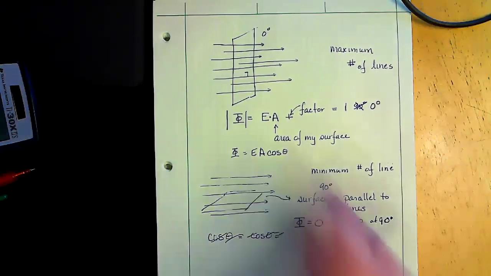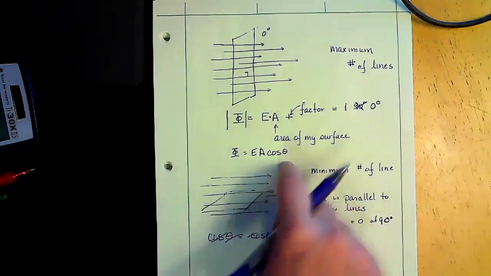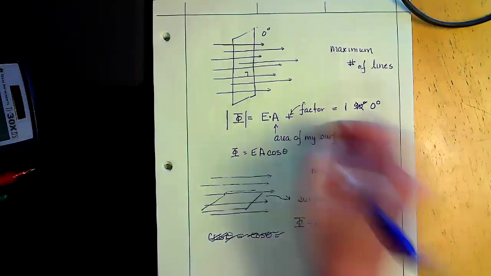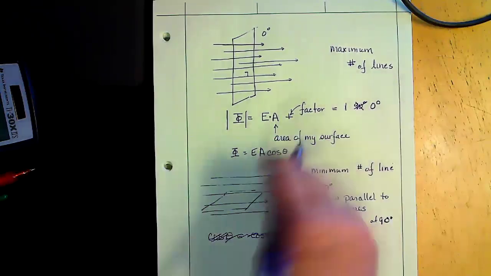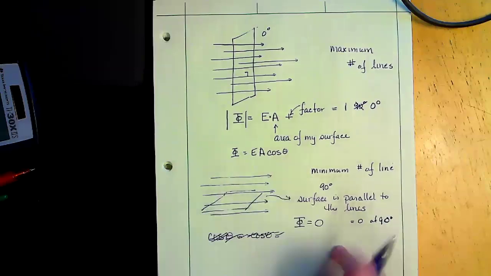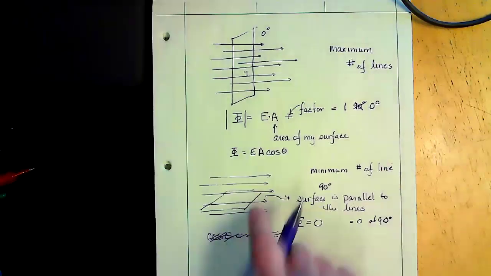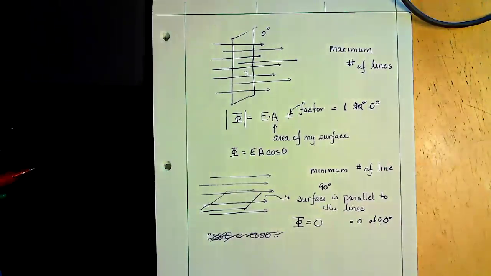So this is when they're parallel, that's when they're perpendicular, but it's how we're measuring our angle. And that's still going to give us cosine of 0 is 1, and the cosine of 90 is 0, and our numbers work out. So this gives us our idea of flux.